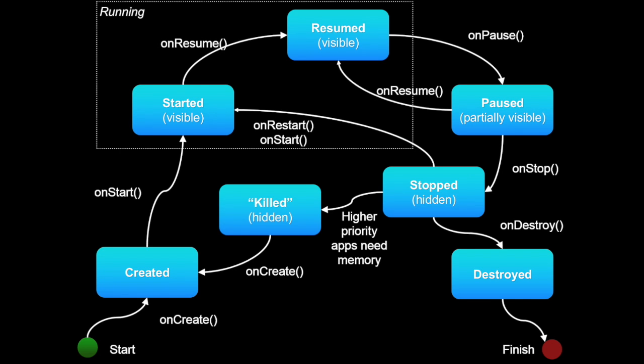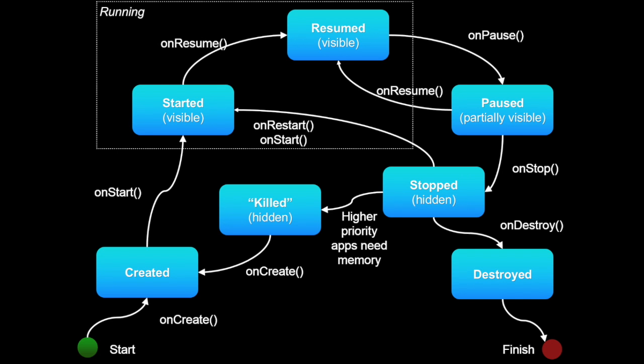So every time an activity transitions to a state, it'll call one of these functions that is indicated on the arrow line. When the activity starts up, onCreate will be called, then onStart, then onResume, and at that point the app is visible and in front, and the user can interact with it.